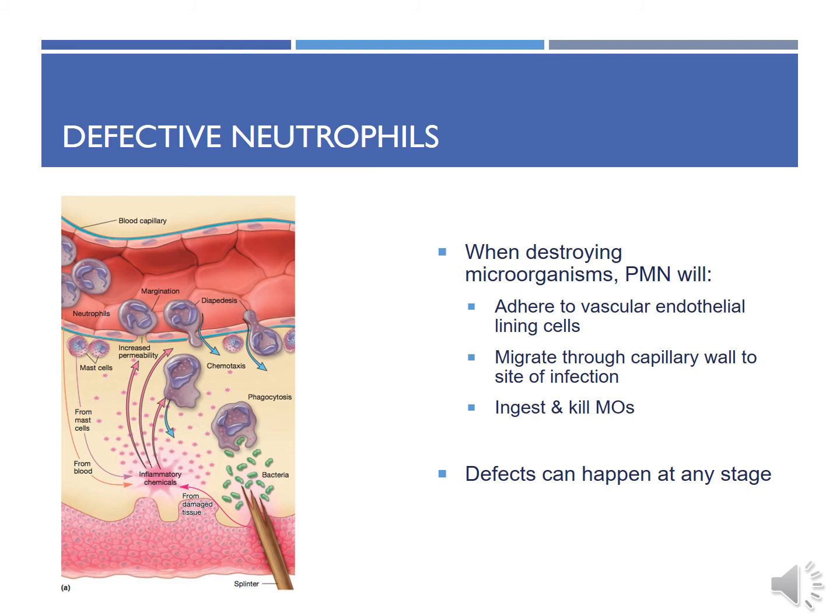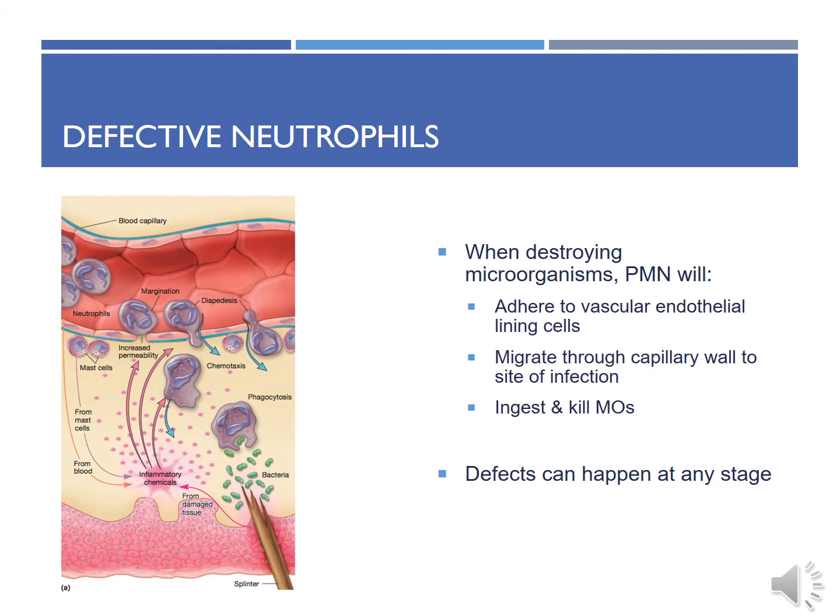Once they get these chemokines from the inflammatory response, they go through diapedesis, where they squeeze through the cell membrane from the blood vessel and out into our tissue, and then start to engulf microorganisms or whatever is causing that inflammatory response.